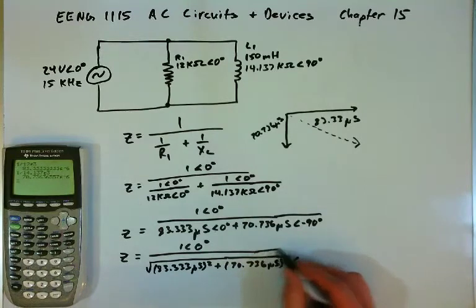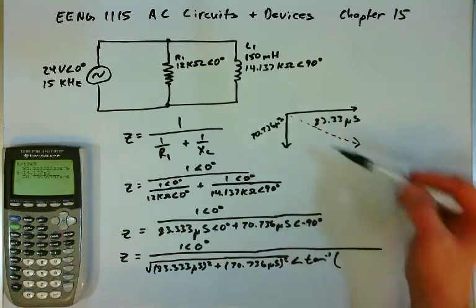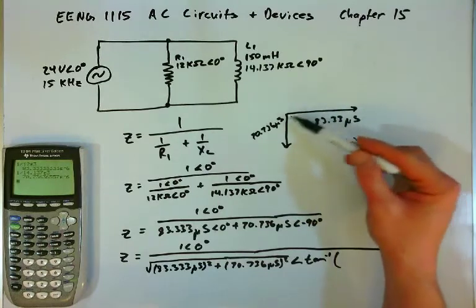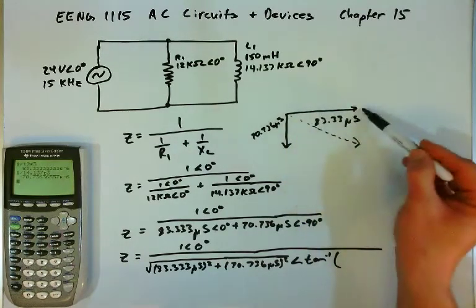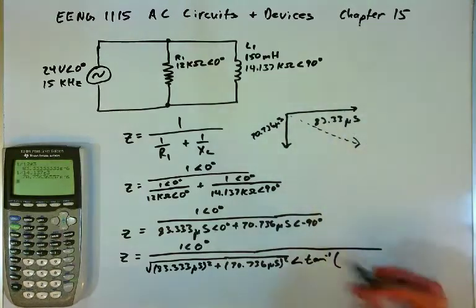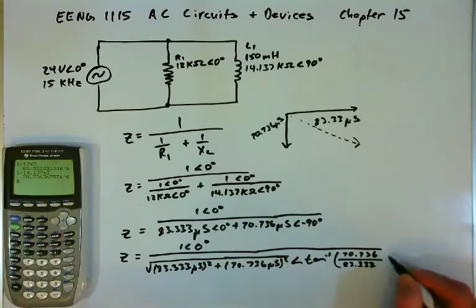And the angle will be the inverse tangent of always the y component divided by the x. And you can see from the graphical representation that the y component is the one that's at negative 90 degrees. The x component is the one that's at 0 degrees. And so we always want to make sure we take y over x, so 70.736 microsiemens divided by 83.333. And the microsiemens will cancel here, so I'm not going to bother writing those.